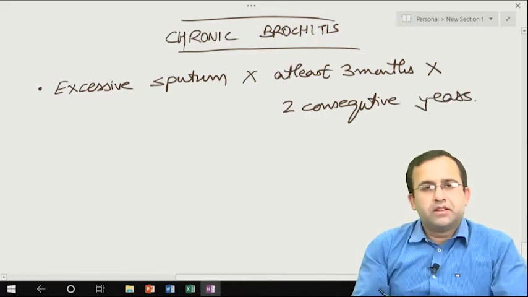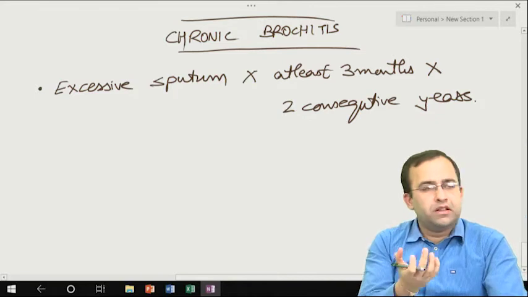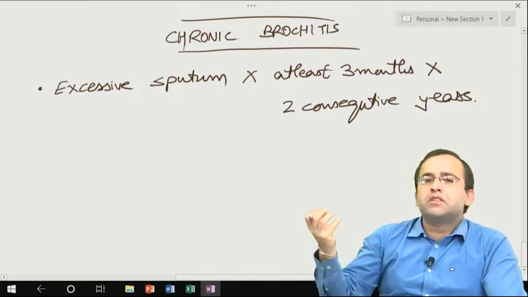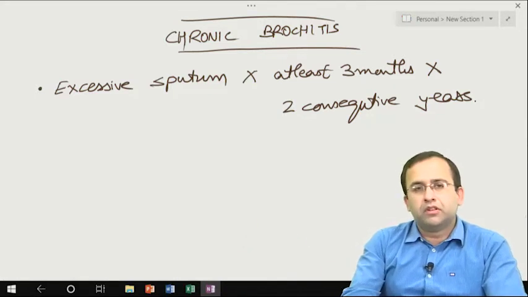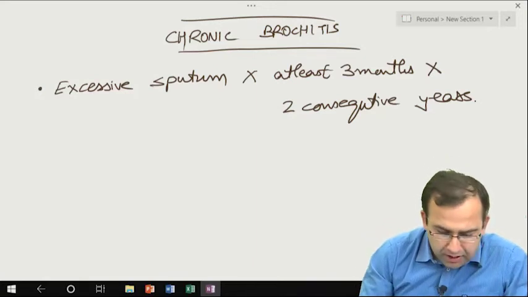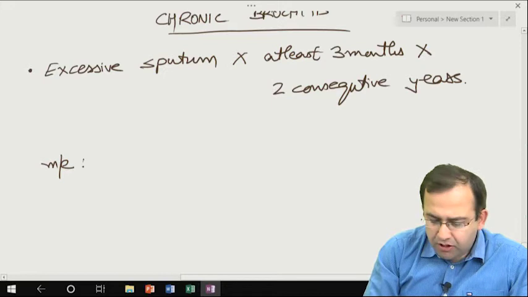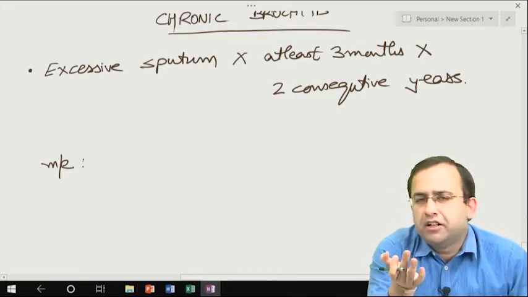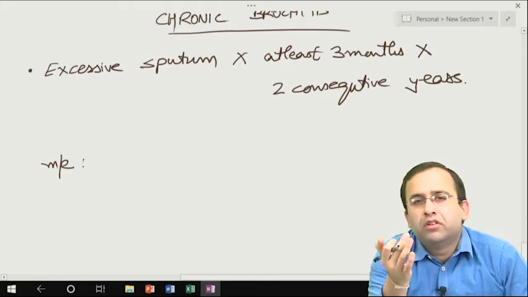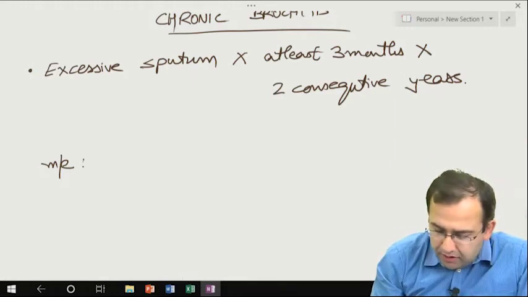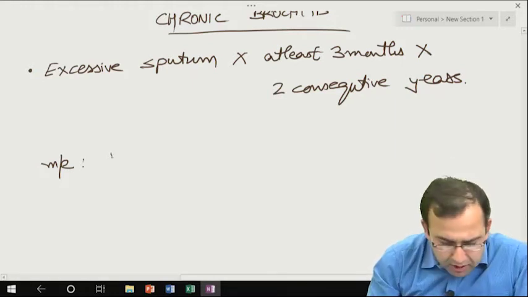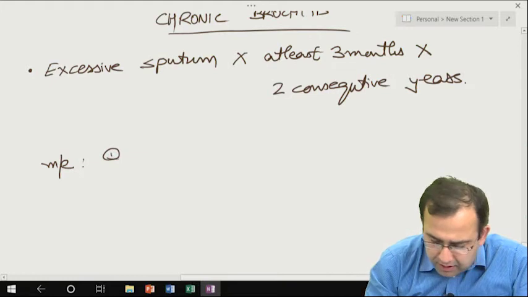This is chronic bronchitis. Next point. Microscopically, I need not even say that the initiating event is smoke; that is very obvious. If there is a lot of sputum, it is associated with mucus gland hyperplasia.